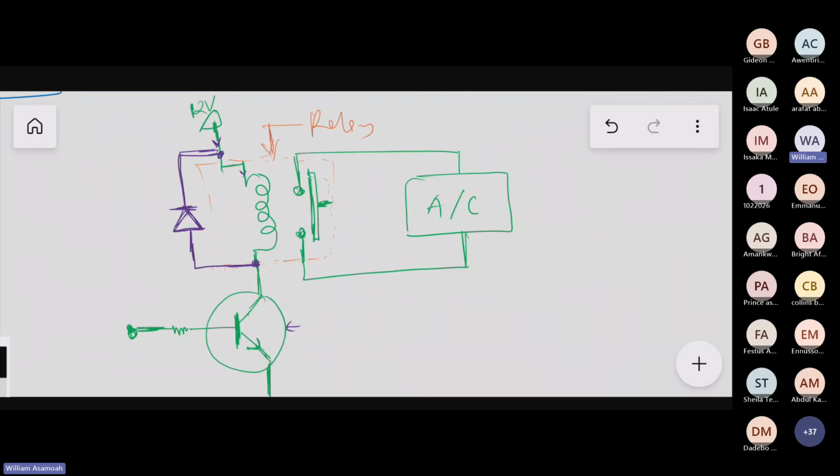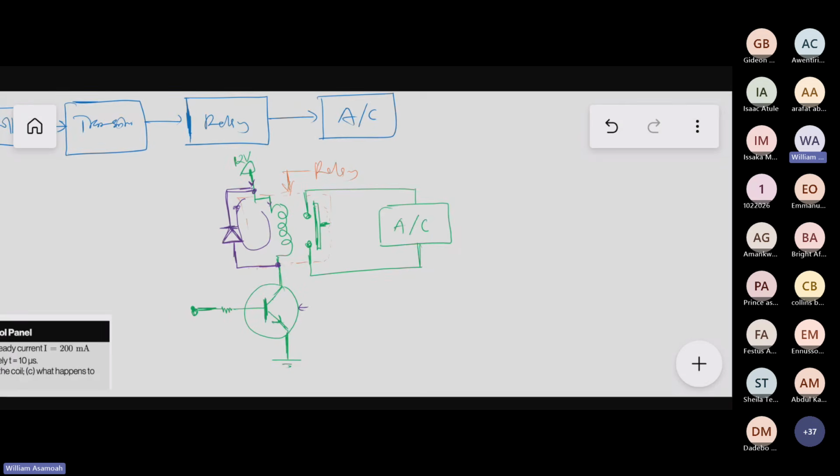The diode here will conduct, so the current will now start flowing through the diode. It will be flowing until it decays, so that it will naturally die out. So it will not go to the transistor. It will just be flowing through the diode, then it will naturally die out. Please, do we understand?